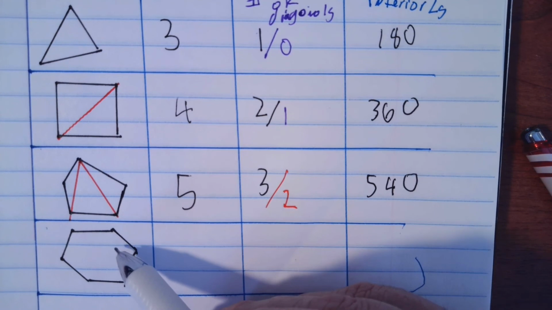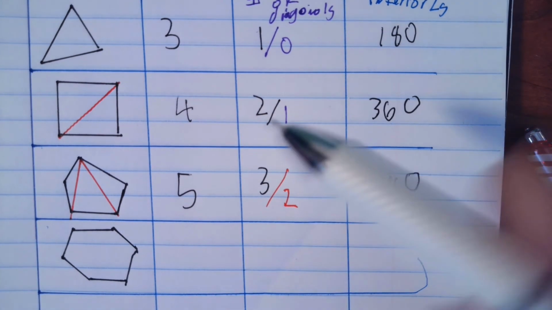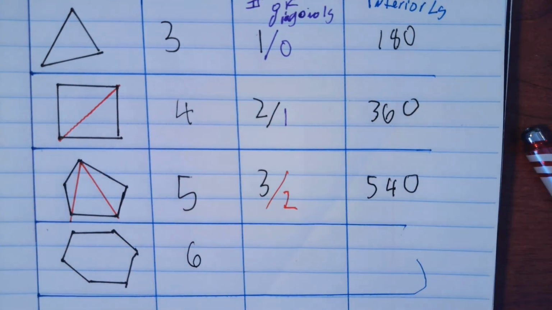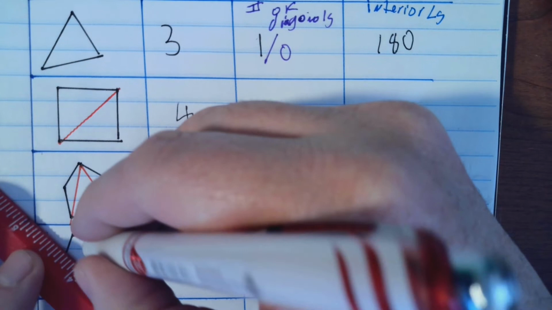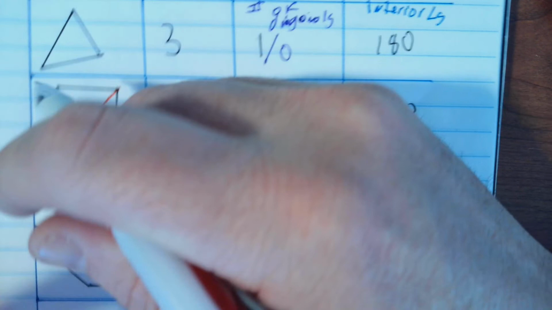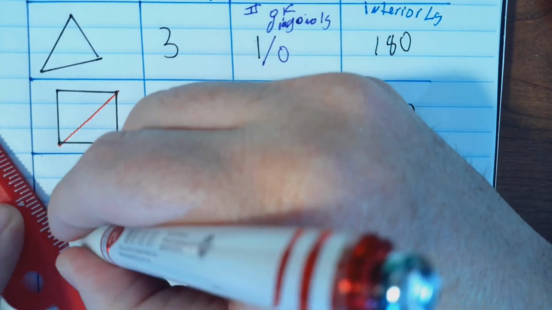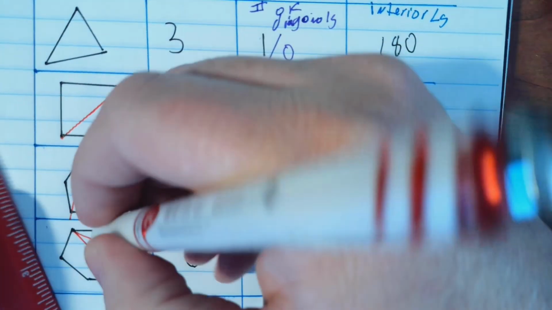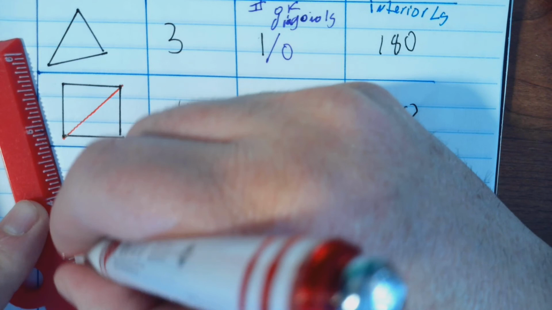All right, the last one we're going to do until we get down to this next one. So this would be 6. That would be a hexagon. So let's just go ahead and do this guy right here. Okay.